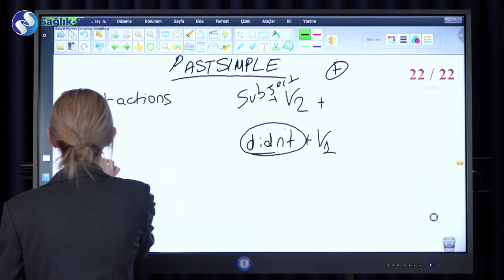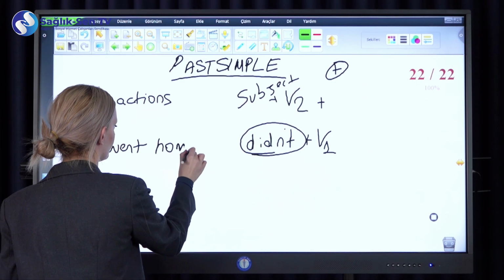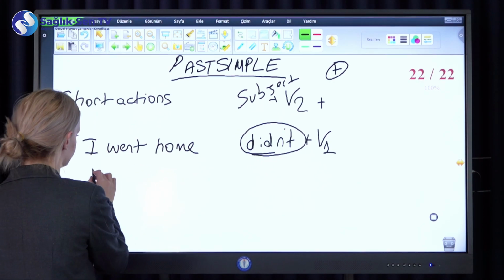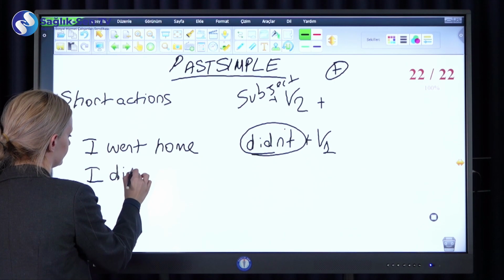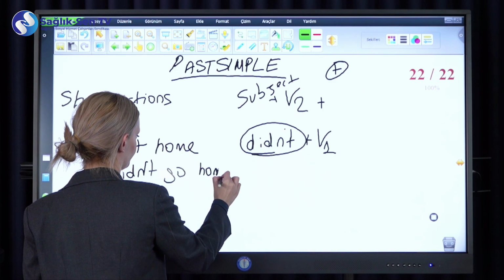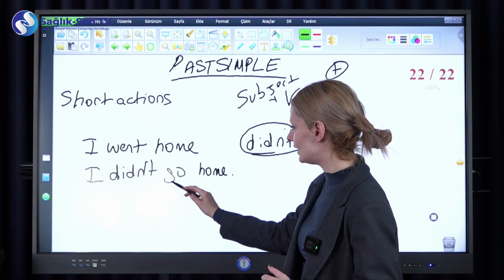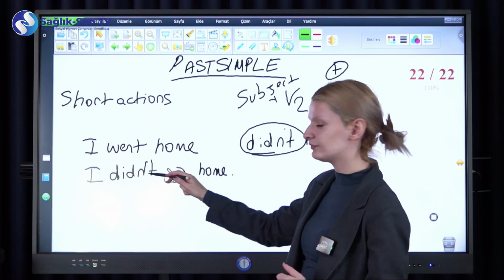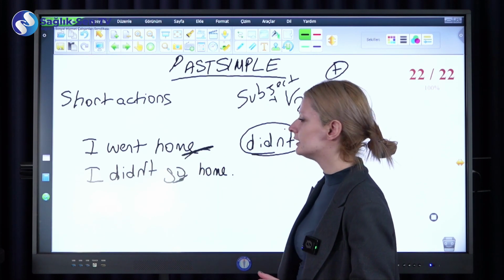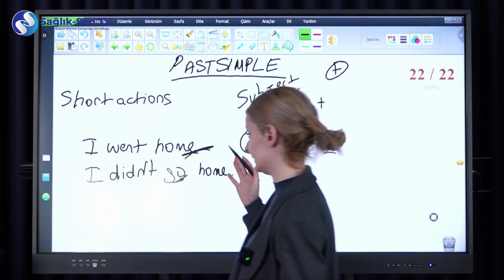For example, I went home, but if I want to make this sentence negative, I didn't go home. Like this. In this one, I used verb 1 after didn't, and in positive sentences, I use verb 2.